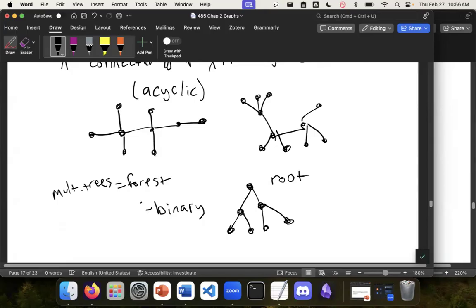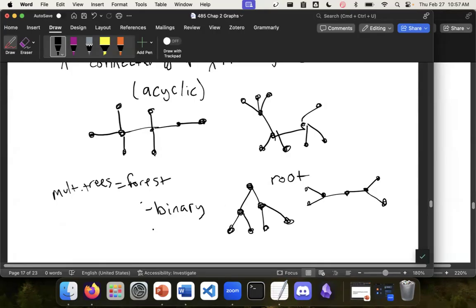And so typically we draw it like this, but since it's a graph, we could also draw it like this, doesn't matter. We're just enforcing some notion of direction onto it.